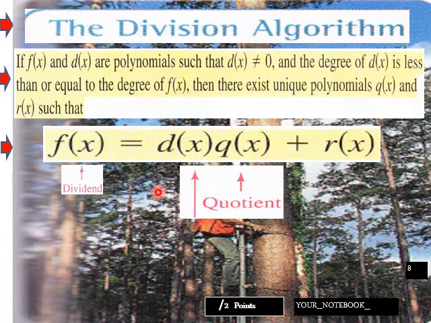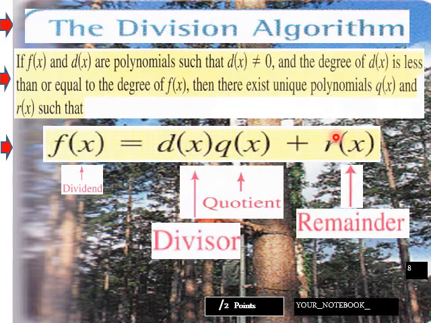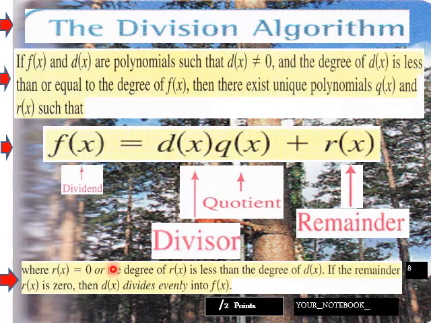So here's our dividend, there's our quotient, here is our divisor, and guess what? There's our remainder. So that's basically the idea behind this algorithm. Where r of x equals 0, or the degree of r of x is less than the degree of d of x, or divisor. If the remainder r of x is 0, then d of x divides evenly into f of x. That's the idea there.